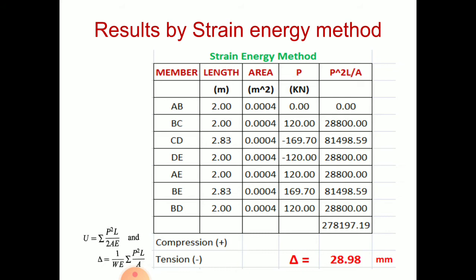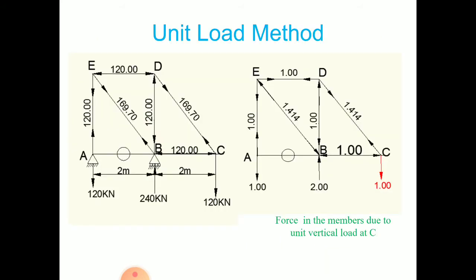P is the force in the member, AB is 0, and if you take the total of P squared L by A, that will be equal to 2,78,197.19. Here I have taken positive for compression, negative for tension. So delta will be equal to 28.98 millimeter, which is vertical. This is the vertical deflection. Now let us go for the unit load method.